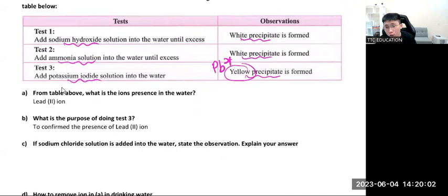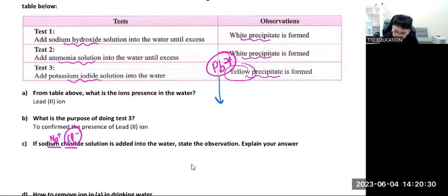Now you add sodium chloride. Sodium is Na+, and chloride is Cl-. If I know my chemical here has Pb2+, then I add sodium chloride, the chloride will combine with the Pb2+ to form another salt, right? Because now you are mixing together, so you form another salt. But what is the other salt?